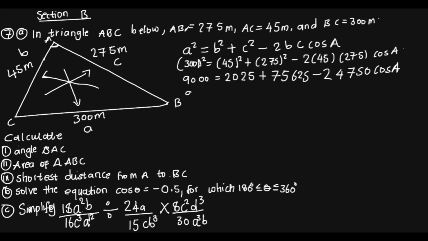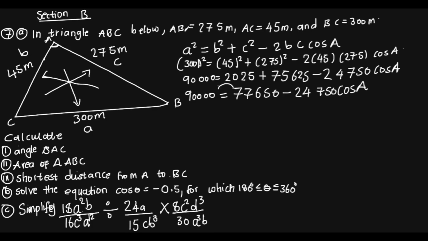Now from there we can add these two numbers, 2,025 plus 75,625. This is giving me 77,650 minus 24,750 cos A. Then upon reaching here, we are going to collect the like terms.